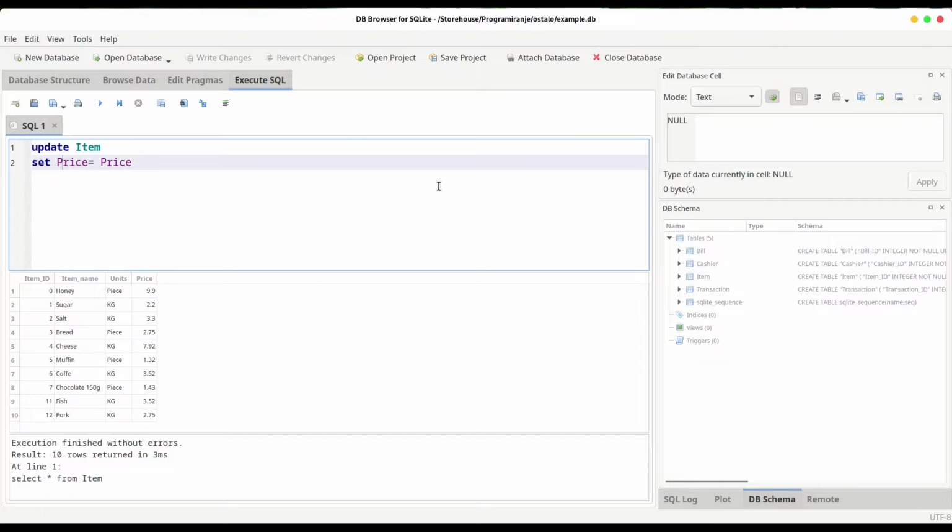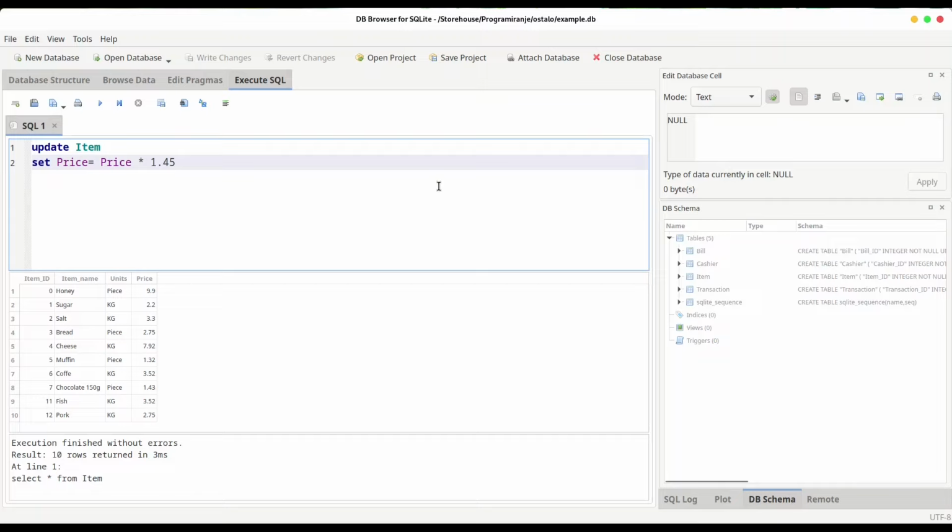What this means is that price on the left side tells SQL that we need a value to be stored in the price column, and price on the right side tells it that we are going to take the already present price value and multiply that by 1.45. In this way we are going to raise every single value in the price column by 45%.